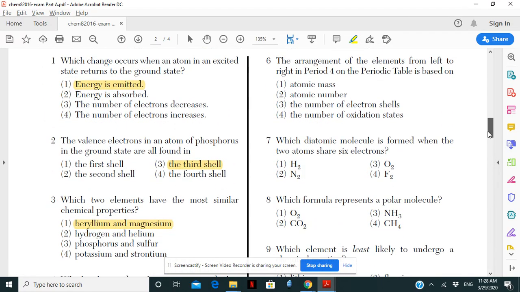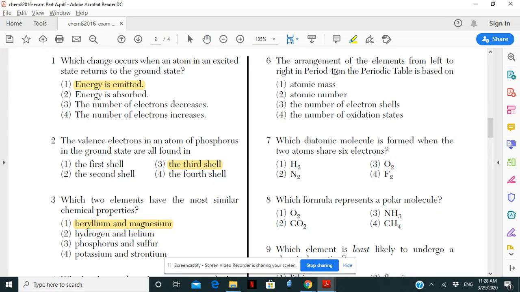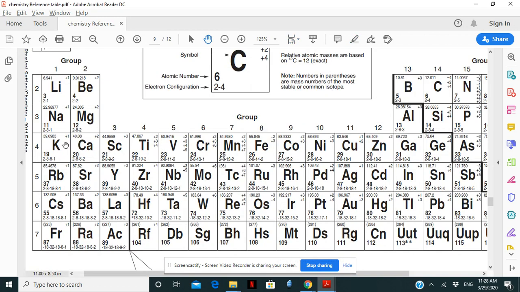Question number 6. The arrangement of elements from the left to the right in a periodic table... So he's asking about a period. The period, as we know, is the row. So starting from the left to the right, he's telling you based on what? Atomic mass. The atomic mass, as I know, is the number on the top.